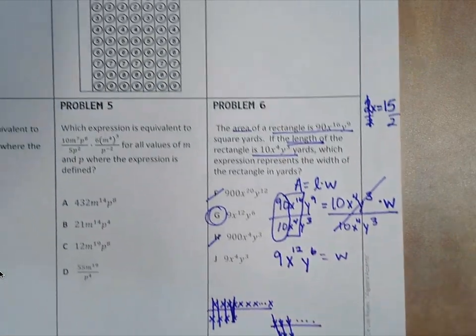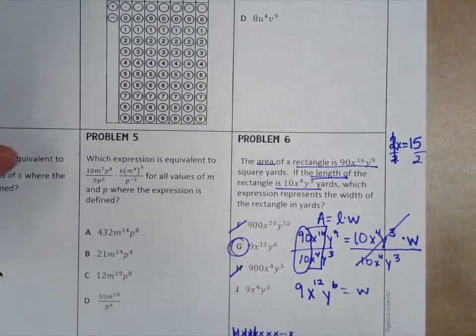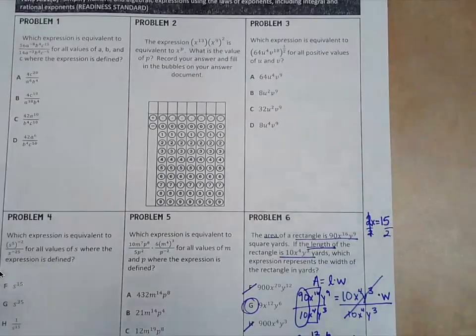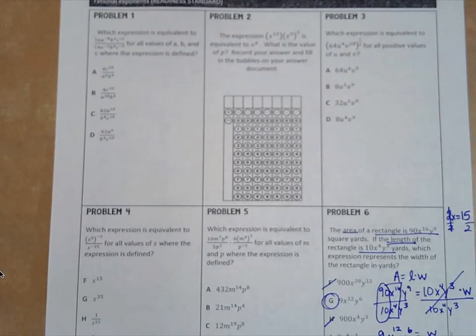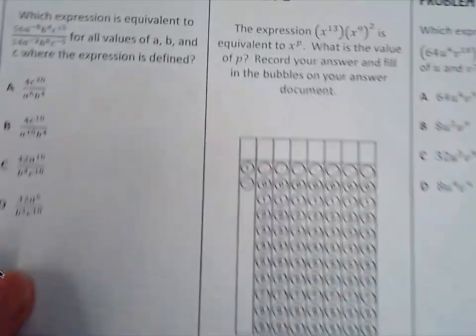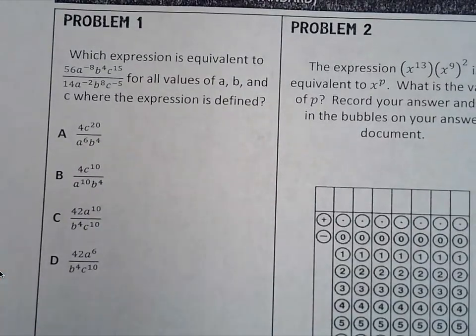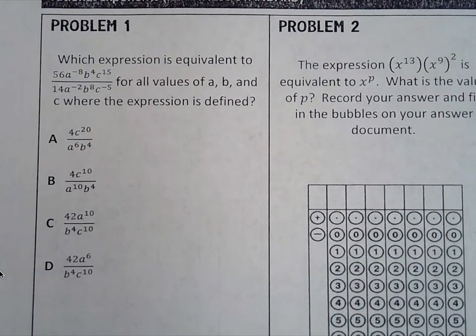Okay, do y'all want to do 1, 4, or 5? Let's do 1. Which expression is equivalent to that for all values of A, B, and C where the expression is defined? We need to simplify this. So you simplify the numbers, like the constant.